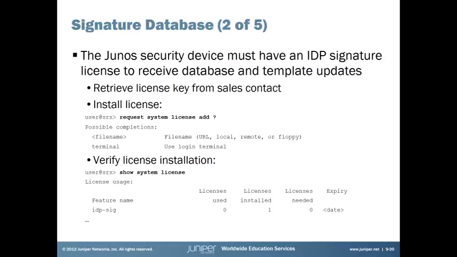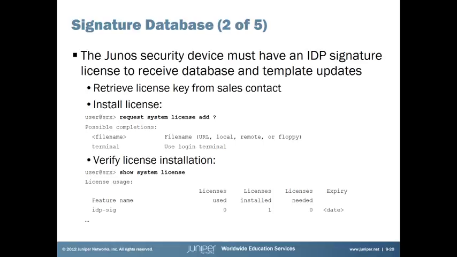The serial number of the device is inspected by the database and the new license is added. So essentially when you buy a license from Juniper, that is recorded in an online database, and you download the license from there.